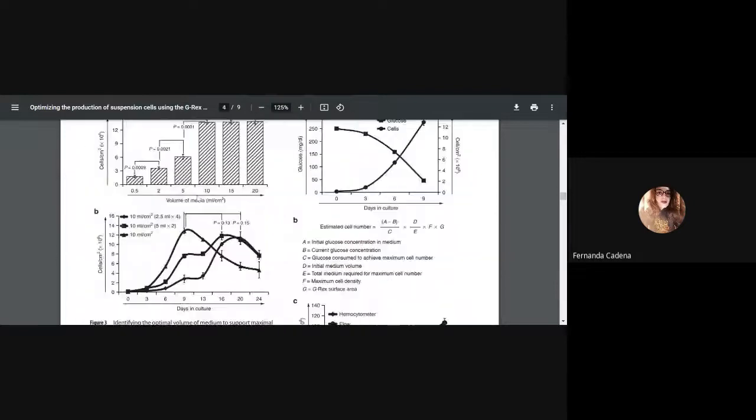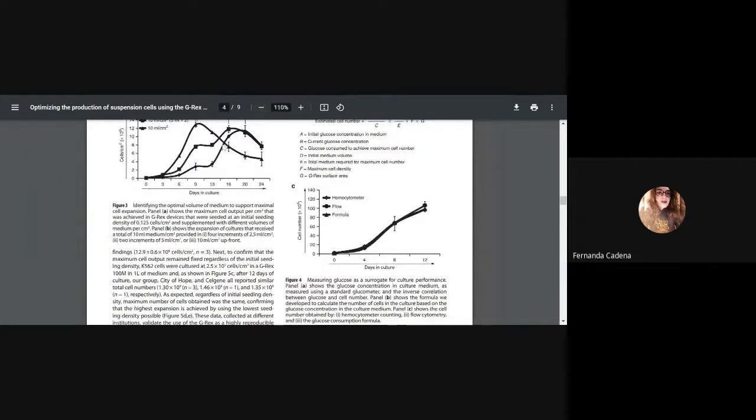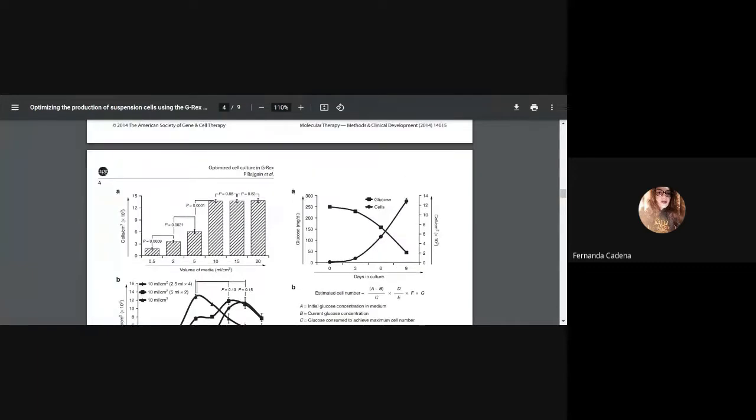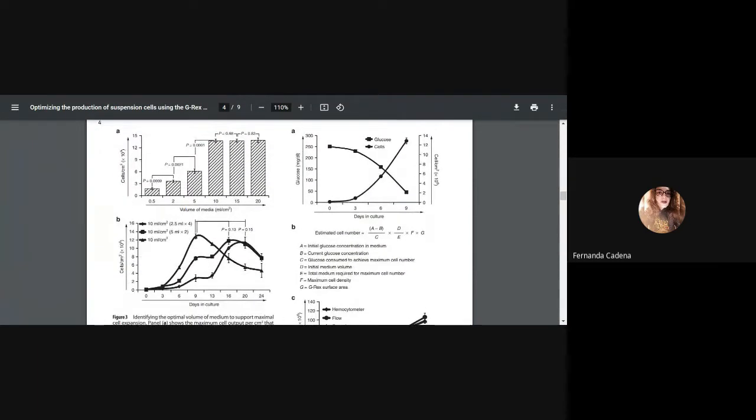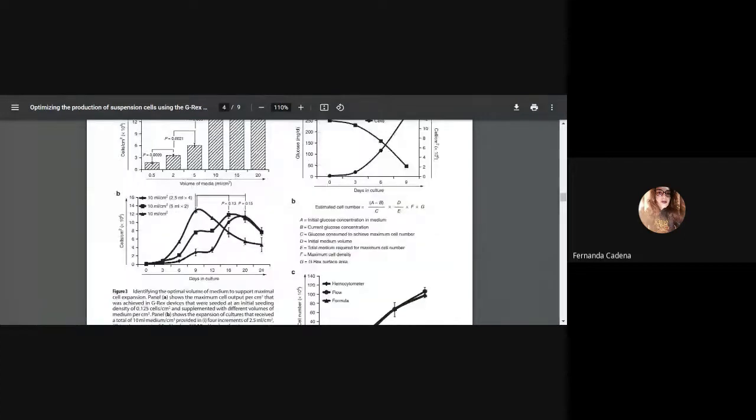Then they also tried to determine the minimum medium volume required to support maximum cell output. So here we can see how they identify the optimal volume of medium to support this cell expansion. Here we can see the maximal cell output per square centimeter that was achieved using the G-Rex devices that were seeded with the density from the previous results, 1.25, sorry.